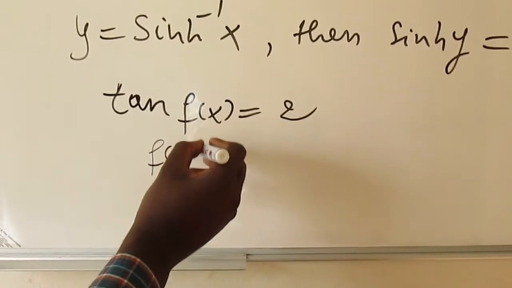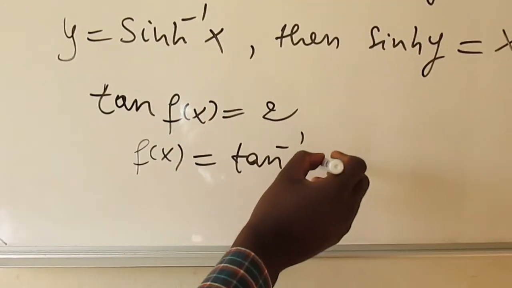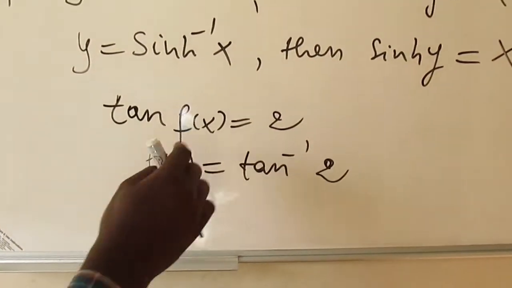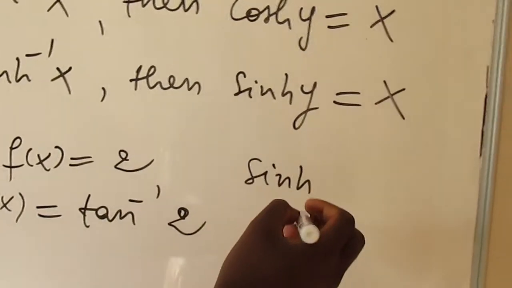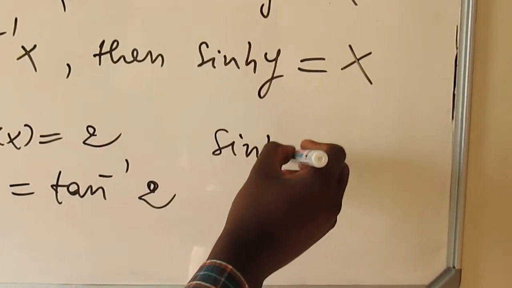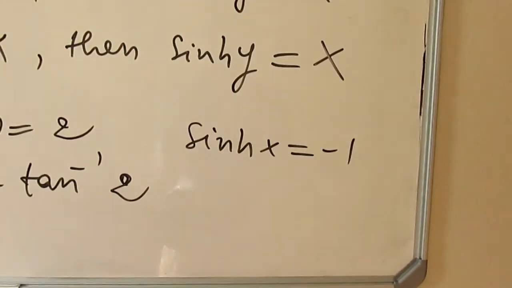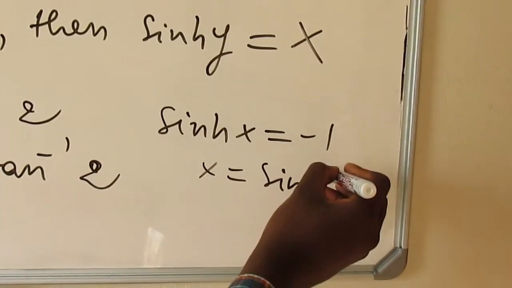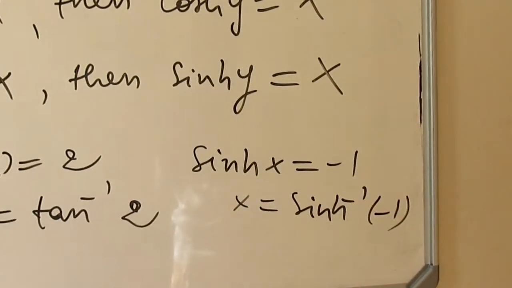It's going to be equal to arctan of 2, okay? Or let's say you are given sinh of x equals negative 1. So x will be equal to arc sinh of minus 1. So don't forget this, guys.